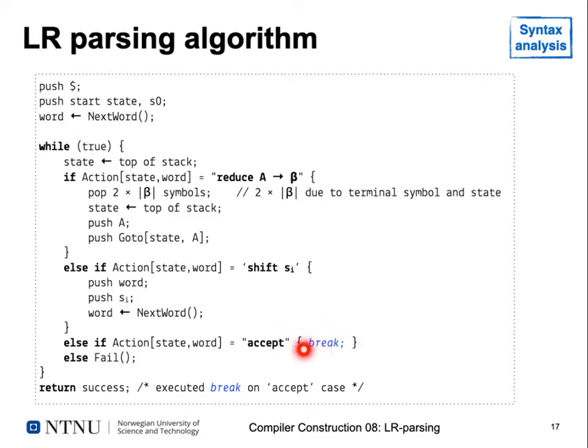So we break out of the loop and we end up here returning success only in case we ended up at this accept condition. And if none of those can be fulfilled, so if we don't have reduce or shift or accept, essentially some empty cell in our table for our LR parser, then there's a failure. So something must be wrong with the input stream. It's not a word of our language.